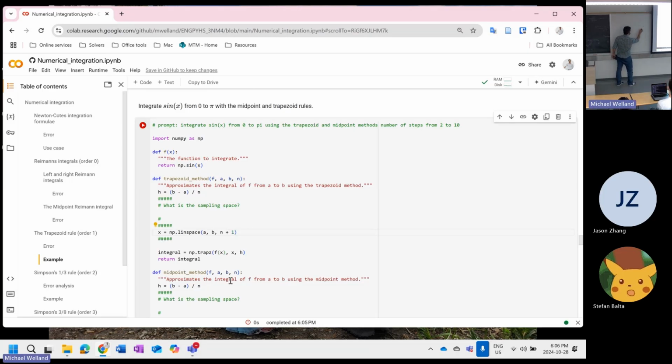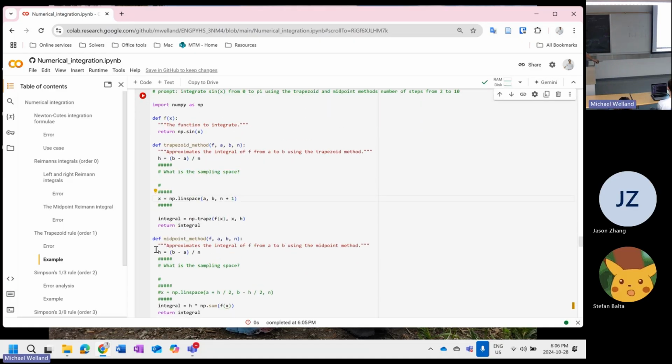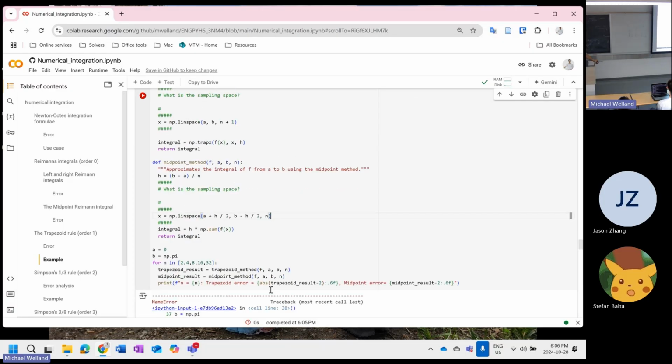So if these are the subdomains, this should be even subdomains. There's our limits. So trapezoid is just going to take that side. The midpoint method, we're going to need to know it in the middle, which means you have to get a little bit more complicated with the linear space definition. All you have to do is just add h over 2 on both sides, and then you're good.